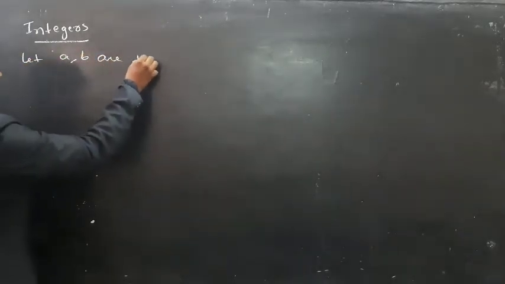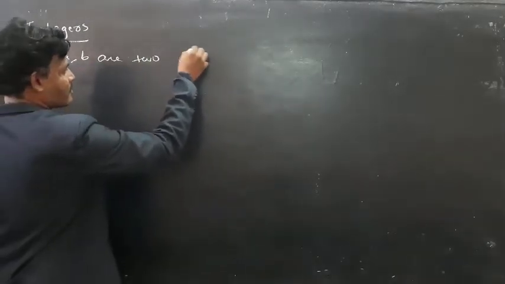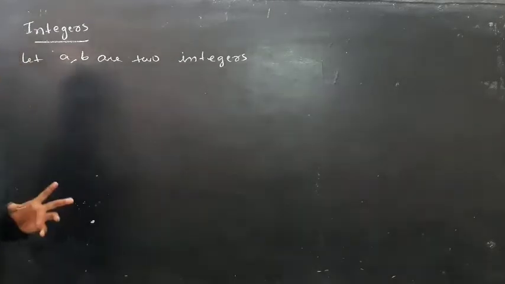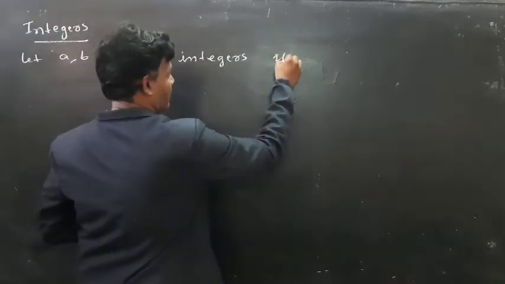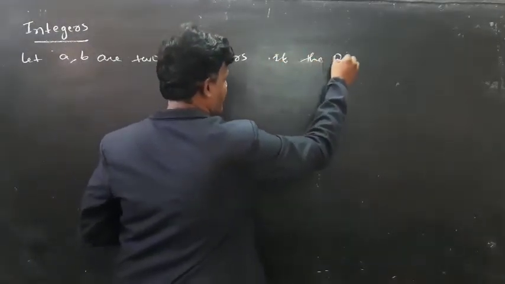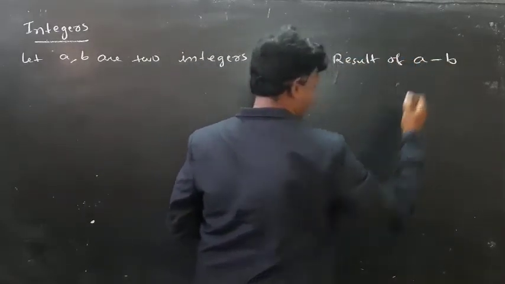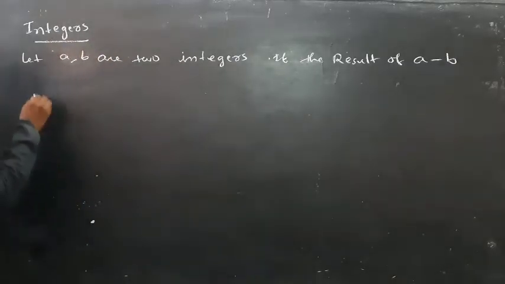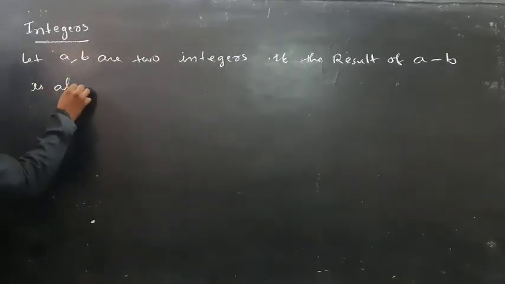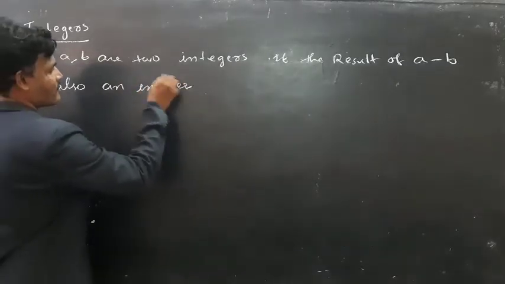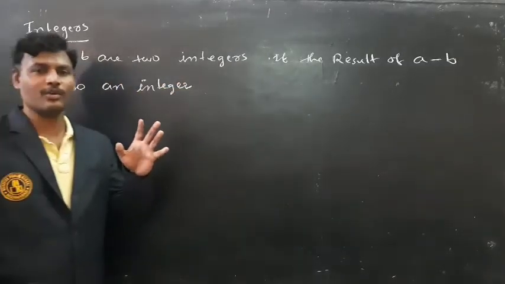Integers. Let a comma b be two integers.